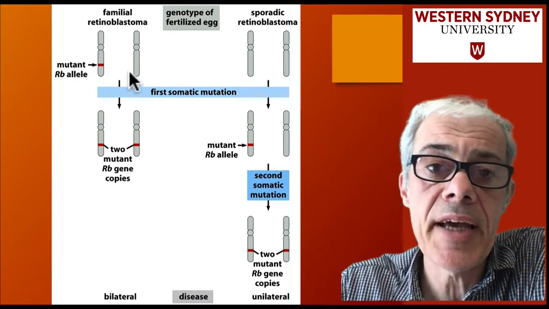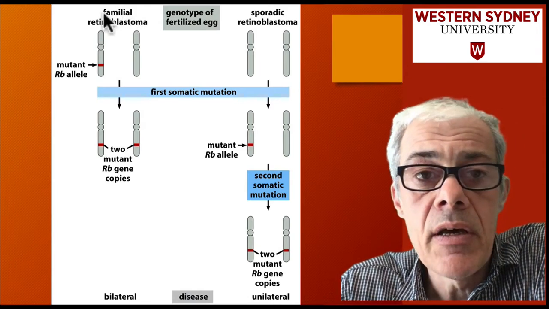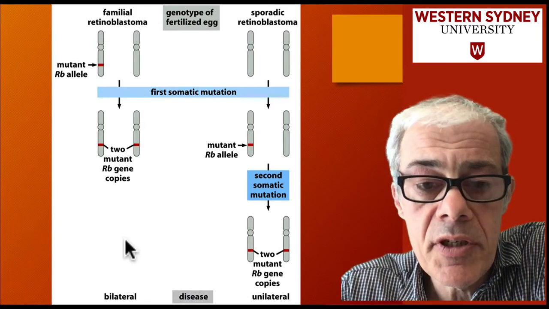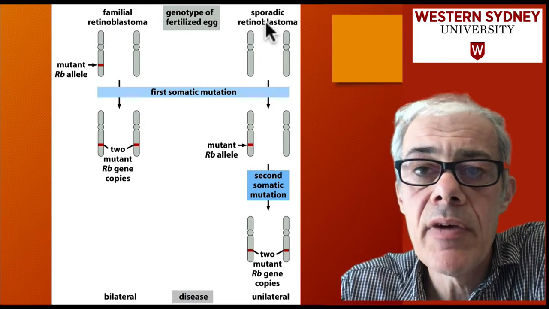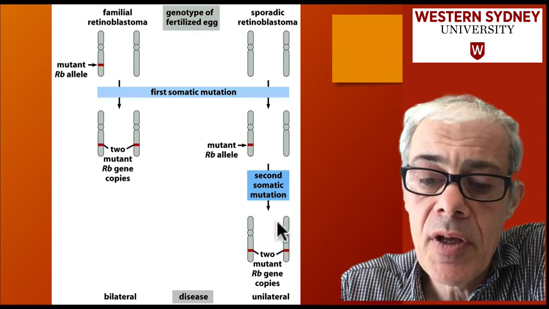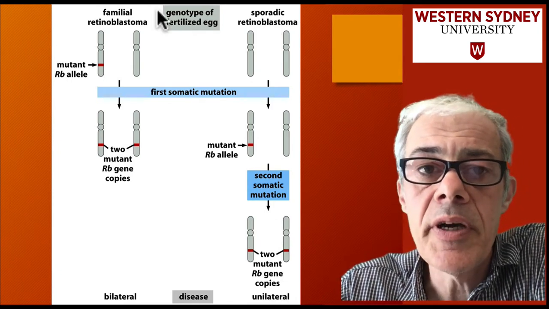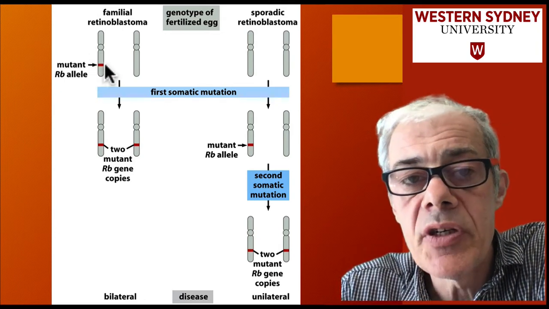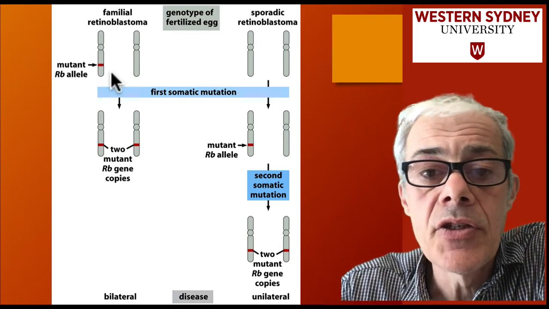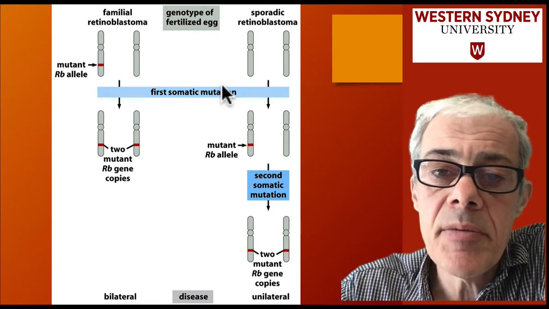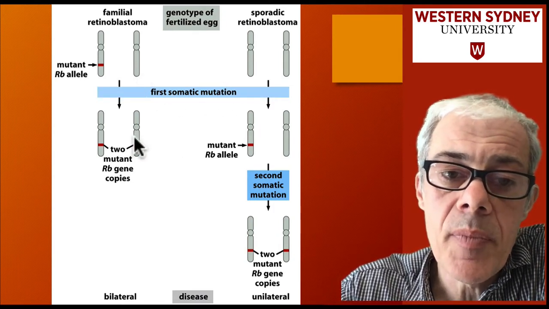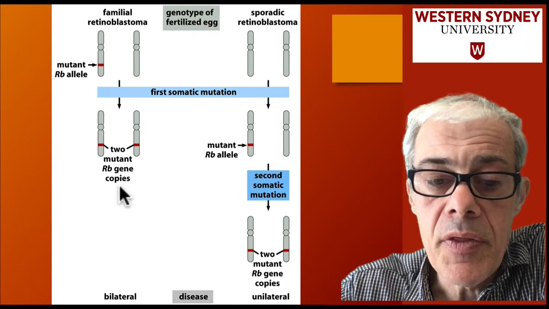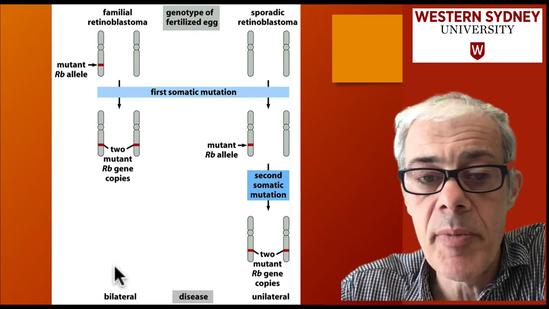So here are the two cases. We have familial retinoblastoma, which is bilateral, and sporadic retinoblastoma, which is unilateral. In the familial case, you inherit one mutant allele, so you require a somatic mutation in the other copy to give the bilateral retinoblastoma.